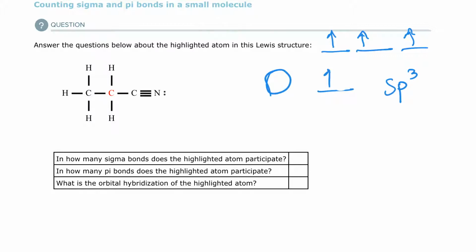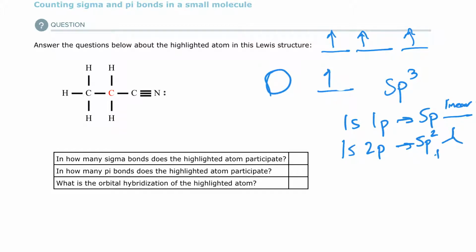All right. If you were to have a 1s and 1p, and it hybridizes, you're going to get an sp orbital, which is linear. Remember, linear is a straight line shape. If you have a 1s and 2 p's, it'll hybridize to an sp2, which is trigonal planar.